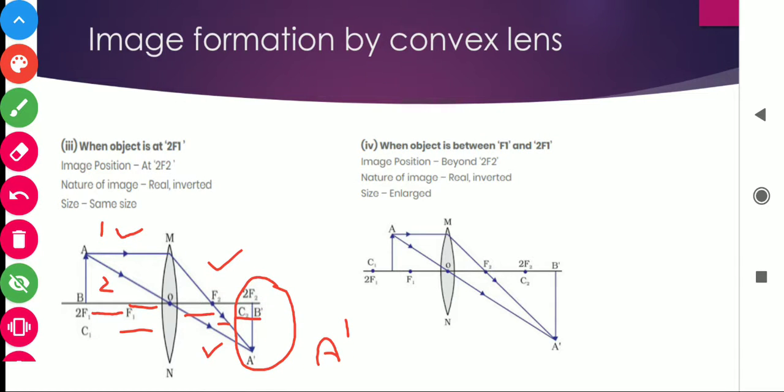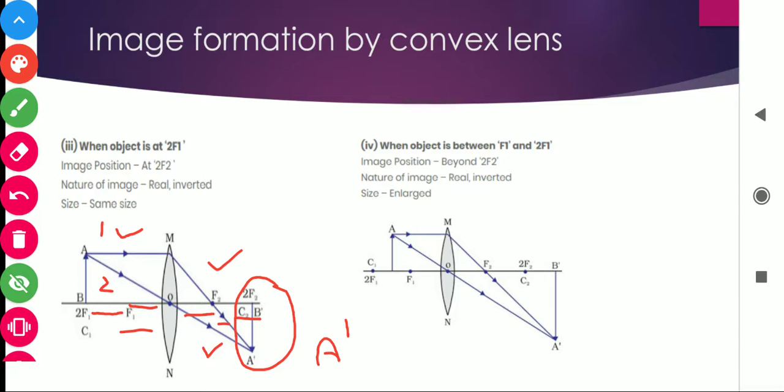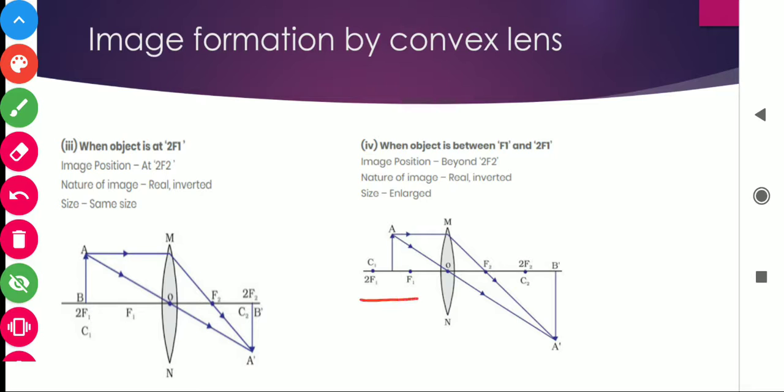Okay, students, in this way when we draw the diagram, it has size equal to the object. The size of object and image both are same when we keep the object at 2F. Now, again same two rays we have taken, and when we keep the object between F and 2F and see the image, it is beyond 2F.